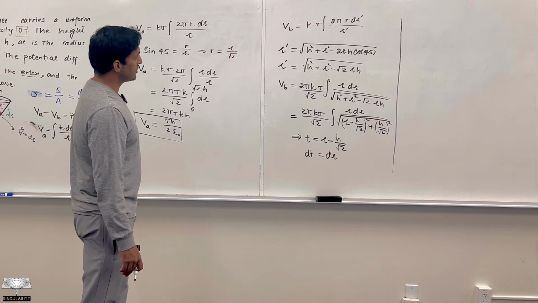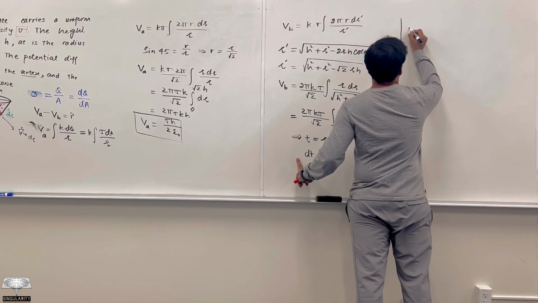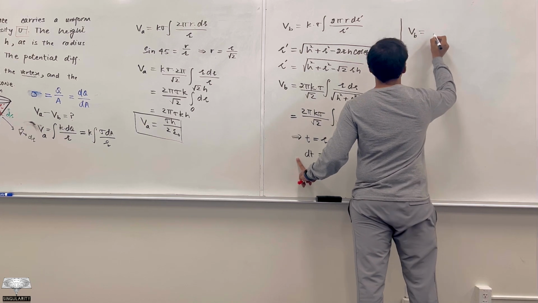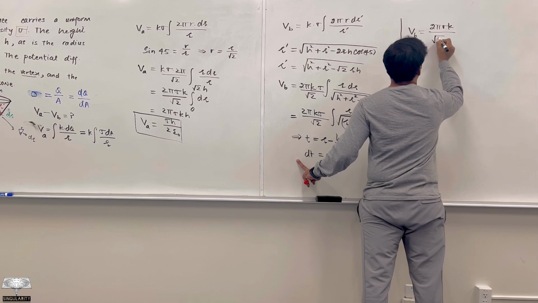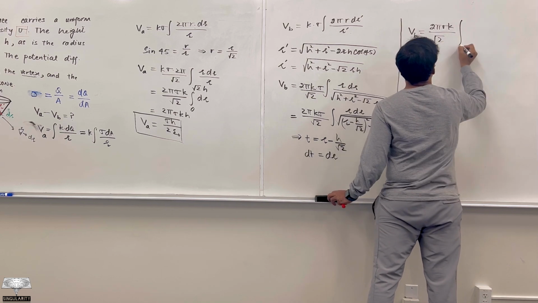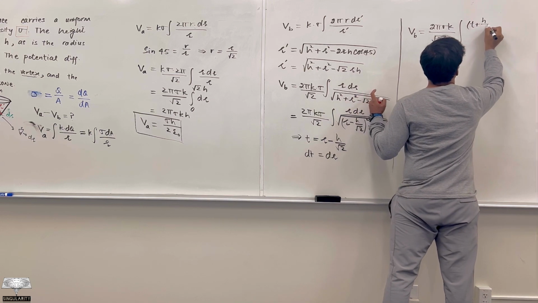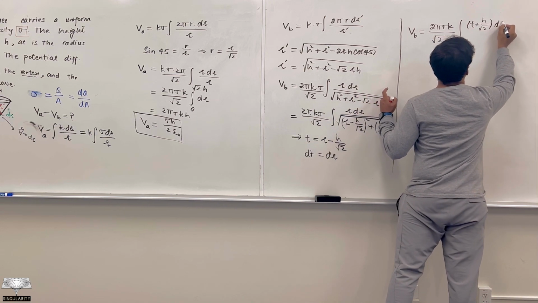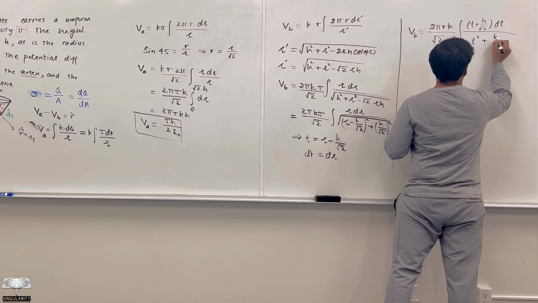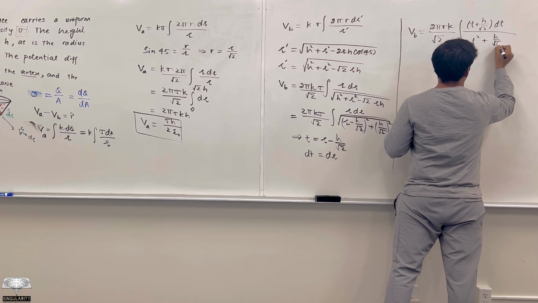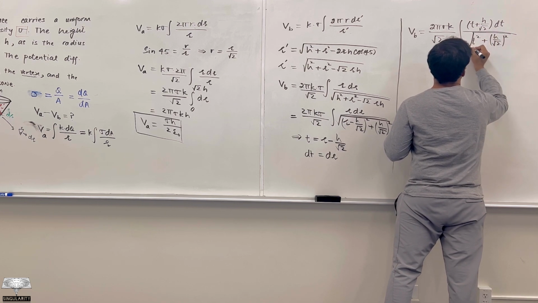Yeah. Okay, so let's do this substitution, and this will become V at point B equals 2 pi sigma a divided by square root 2, and then R will become t plus h by square root 2, dR will become dt, and this becomes t square plus h divided by square root 2 whole square, and then whole square root.